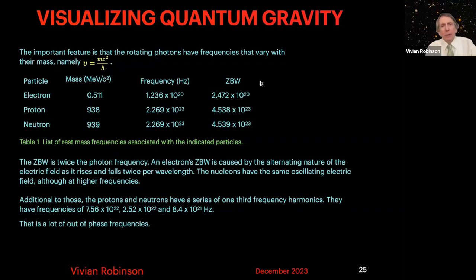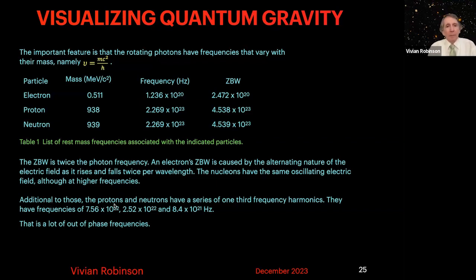Now, we all know the electrons have a Zitterbewegung. That ZBW is twice the photon frequency. An electron Zitterbewegung is caused by the alternating nature of the electric field as it rises and falls twice per wavelength. The nucleons have the same oscillating electric field, although at higher frequencies.